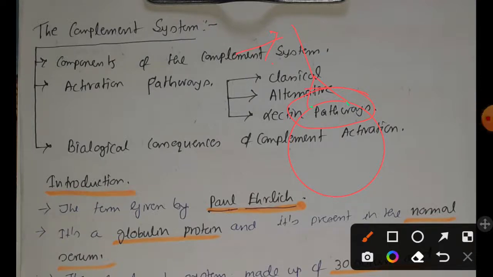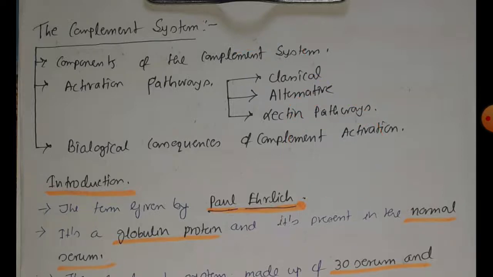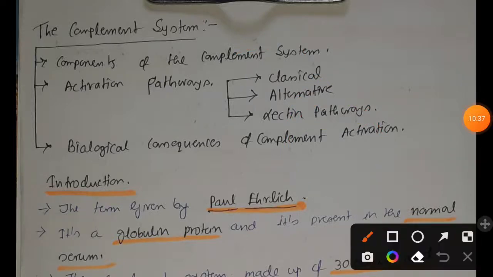So up to that part we have learned that the complement system is made up of various complement proteins, which are present in the normal serum. They are globulin proteins and usually present in inactive form. Whenever an antibody binds with the antigen via its FAB portion, there is a conformational change in the FC portion of the antibody that facilitates the activation of complement.